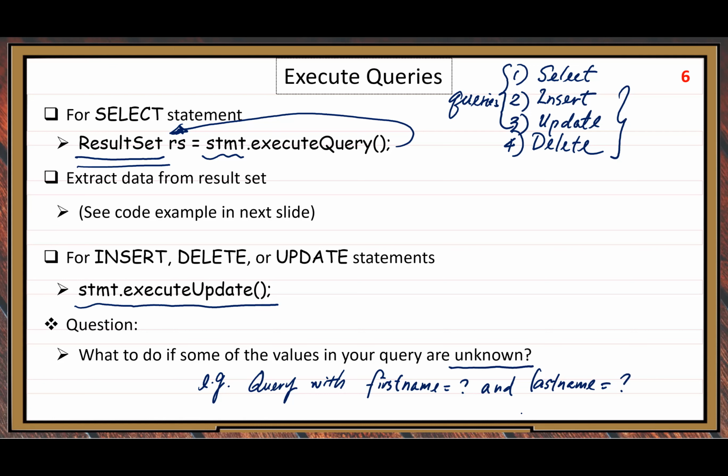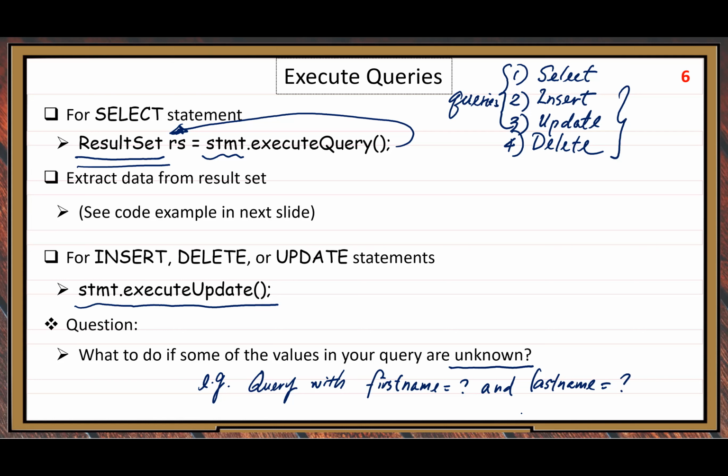How do we make the query work? That's the topic of our part B. Next time I talk about this one. I need to spend a lot of time to explain how to make it work. So that question, next time, part B.